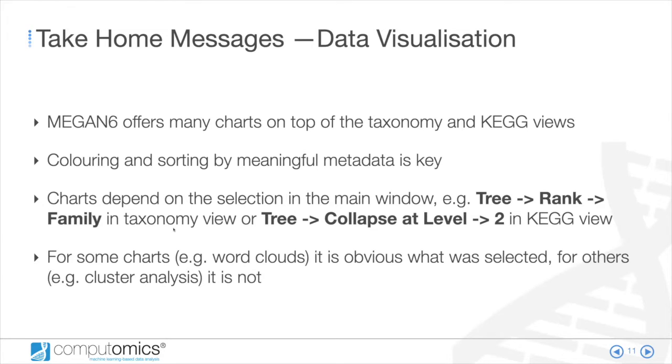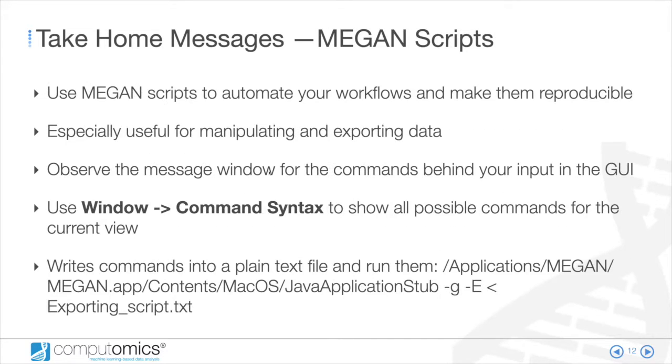And for some charts, this is obvious. When you're doing a word cloud, it's obvious what you're plotting. But when you're doing a PCoA, it's not so obvious. So keep in mind what you're plotting. And then for the MEGAN scripts, they're great to automate workflows and make them reproducible.